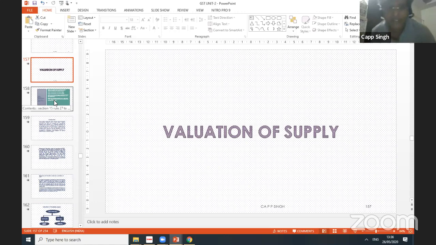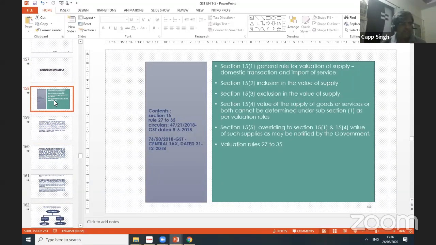Section 15 of the CGST Act has a specific provision to value the supply, because, as we have mentioned in section 9, GST is a tax on supply of goods or services, but for quantification of the tax, two things are very important: one, the value of supply, and other, the rate of tax. So on the value of supply, we have to apply the rate of tax, then the amount of tax will be quantified.